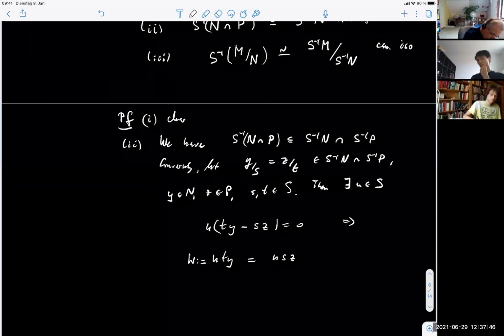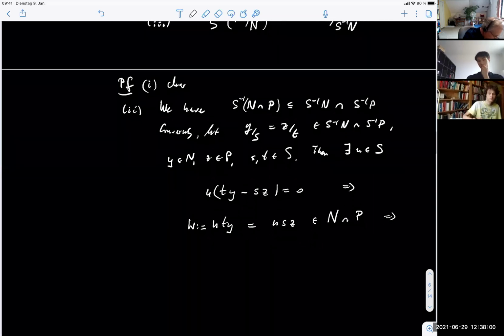Now we see this is, on the one hand, in N because it's a multiple of y. On the other hand, it's in P because it's a multiple of z. Now let's divide again. uty divided by uts is the same as y over s, since I clear t and u.